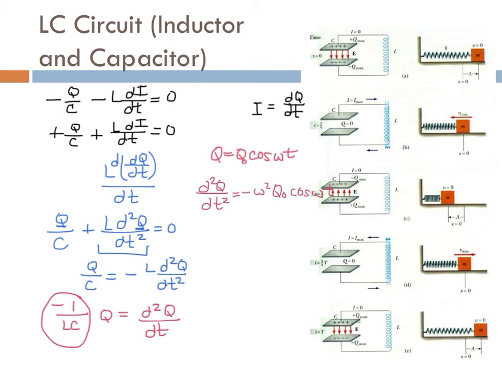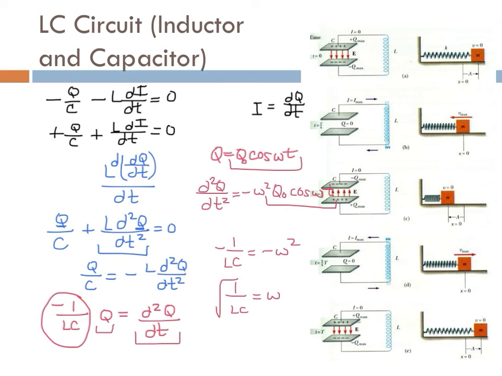If we make those substitutions in for Q and the second derivative of Q, then you're going to see that this piece and this piece will cancel out. So all you're left with is negative 1 over LC is equal to negative omega squared. The negatives cancel out, and I get omega is equal to the square root of 1 over LC.